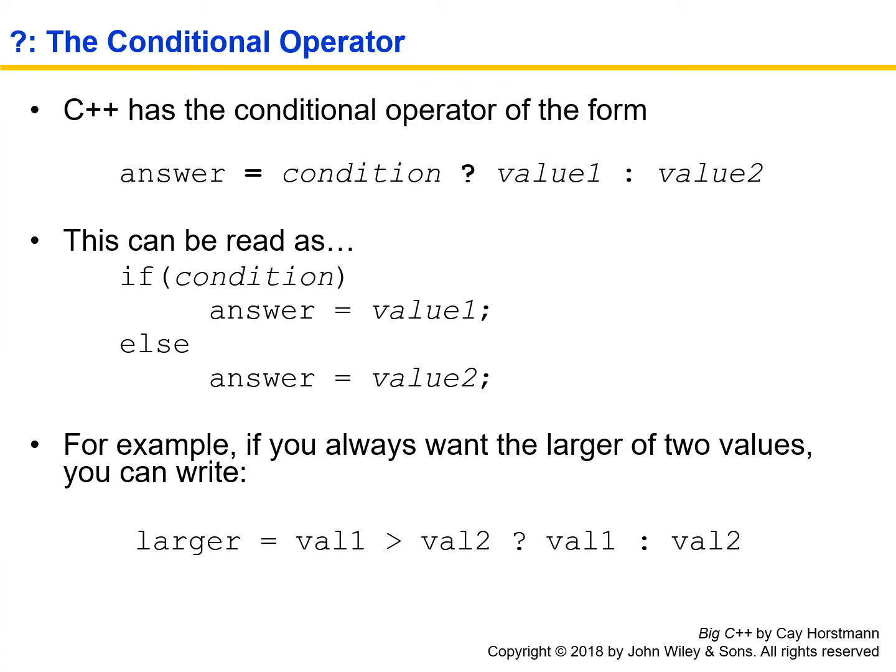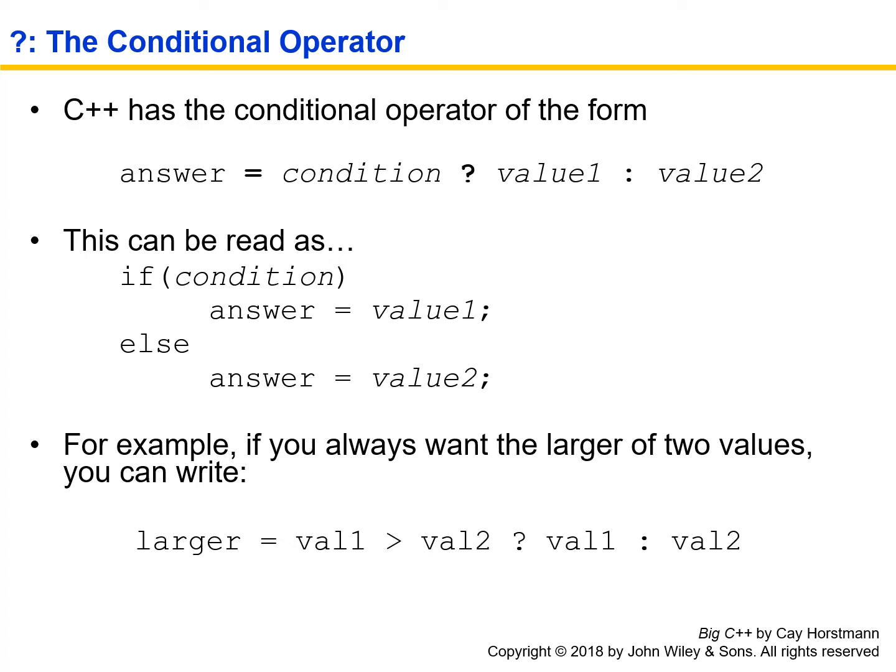Okay, C++ also has something called a conditional operator. You have to have a variable that's going to store the answer, though I guess you could use a cout there instead if you wanted.